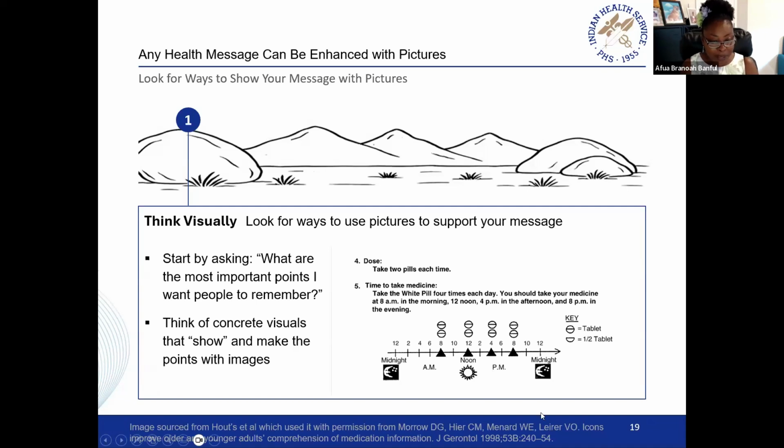So this image on the right here is taken from the paper that I've been referencing throughout. They took it from another paper. So you see the citation here. It's used with permission from this paper. But this image here is to remind people how to take their pills.